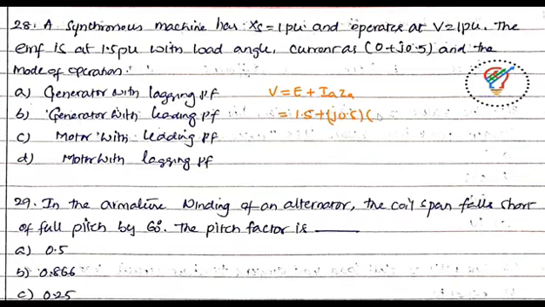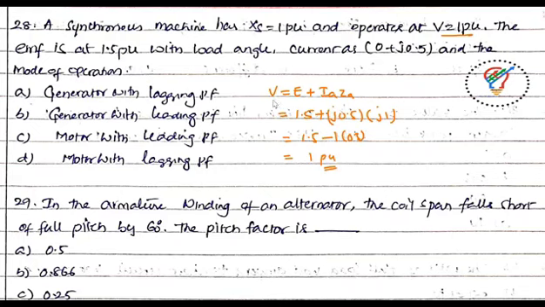That is the notation you have to consider. Then 1.5 plus j into j means j square, and j square is minus 1, into 0.5. That means V is 1 per unit.